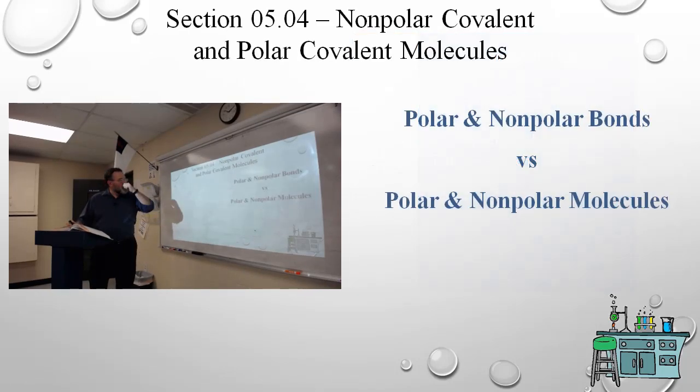So remember, polar and nonpolar bonds and polar and nonpolar molecules. The bonds, and we've discussed that already, where there's an unequal sharing between two elements. The two elements that have a covalent bond with single, double, or triple, are sharing electrons.